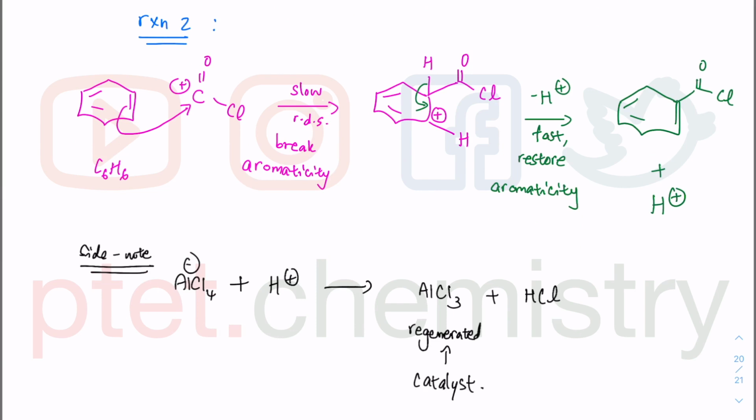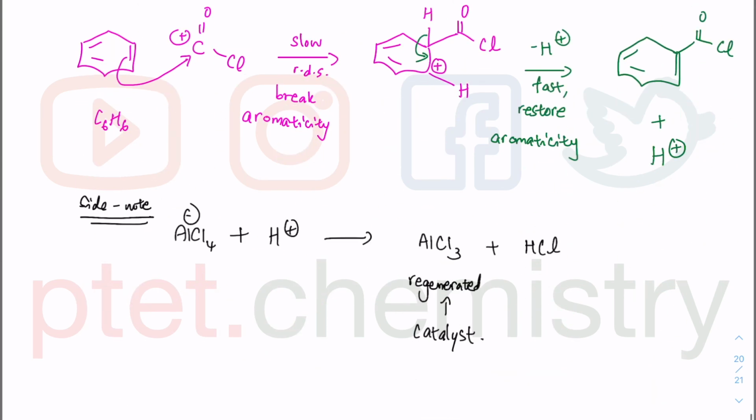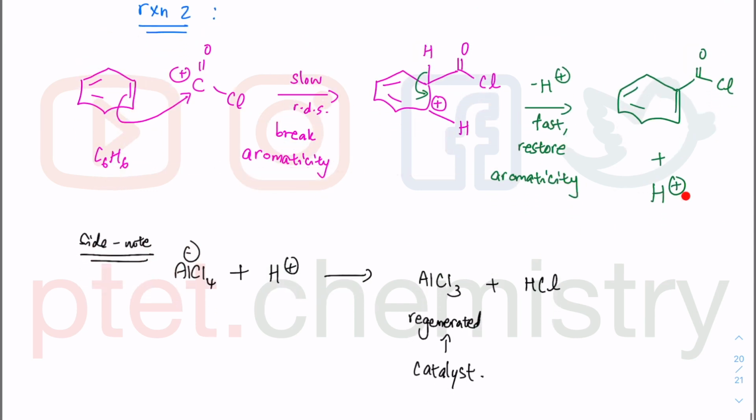It is simply involved in the reaction, and then at the end of the reaction, you get back the catalyst unreacted. So that's the end of that 12-mark question, just on transition metals as well as on electrophilic substitution mechanism. Specifically, the name of the reaction is called Friedel-Crafts acylation.